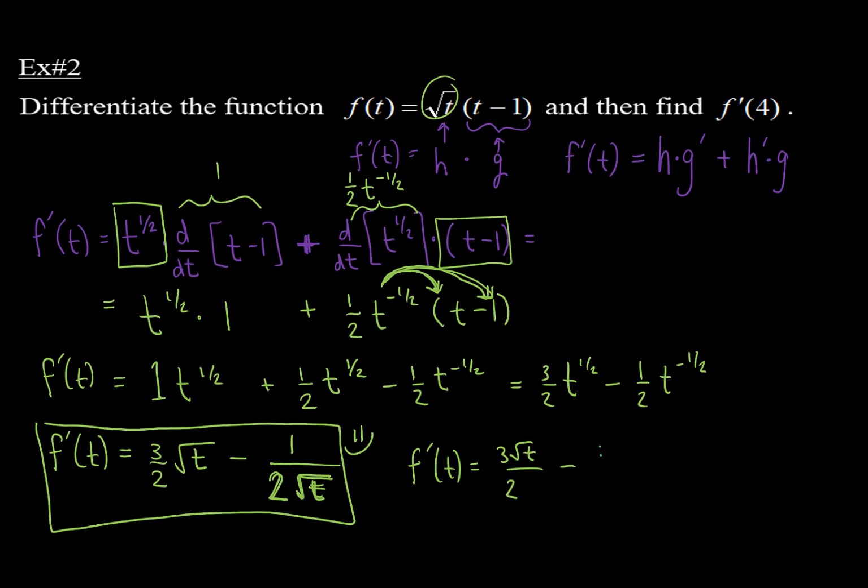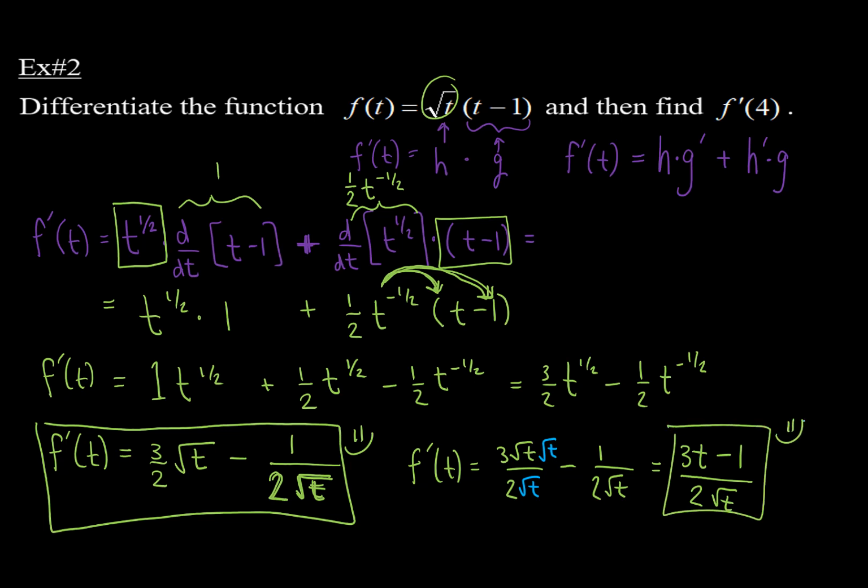Let me just write this out. 1 over 2 square root of t. If I need to build up the LCD, I only have to multiply the first one by the square root of t. It's really not bad at all. And then I would end up with 3 times t, because the square root times itself just pops out the inside, minus 1 all over 2 square roots of t.